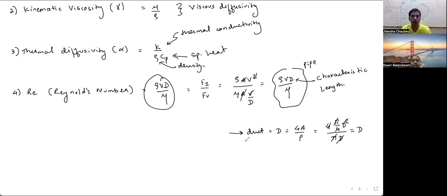Right. So for duct, if it is in circular shape, 4A by P remains D. But had it been some other cross section, like if it is square shaped duct or rectangular shaped duct or any polygon shaped duct, in that case, you need to use this formula where A is cross section and P is perimeter.